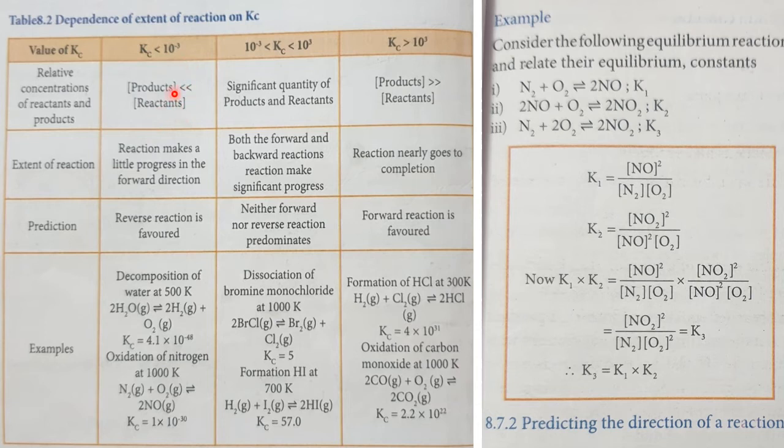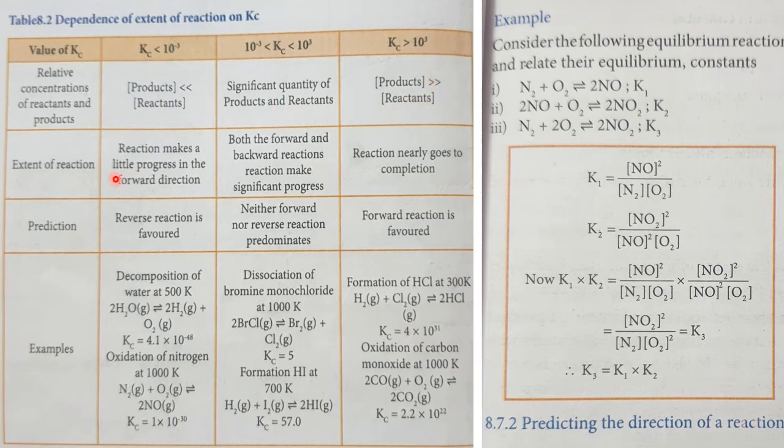When we compare the reactant and product concentrations, the product concentration is very much less than the reactants. The reactant is dominant and the product will be less. Then in the middle range there is a significant quantity of products; equal amounts of products and reactants are possible. Then Kc greater than 10 power 3 means products are greater than the reactants, so the forward reaction is possible.